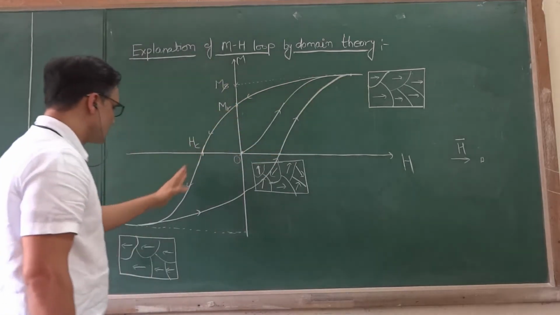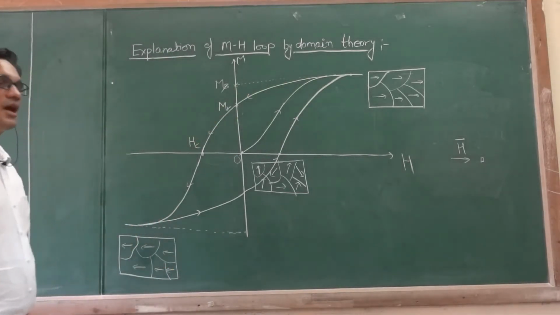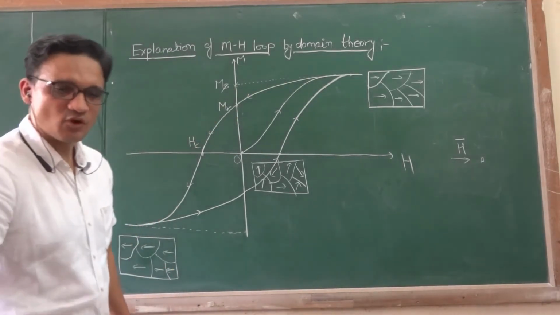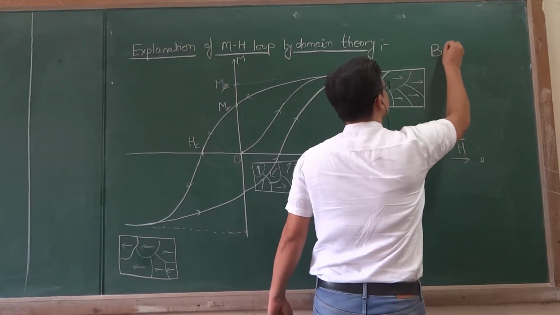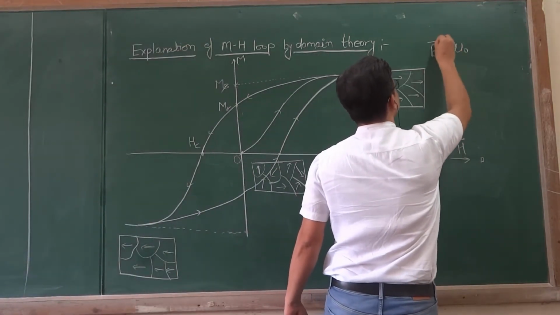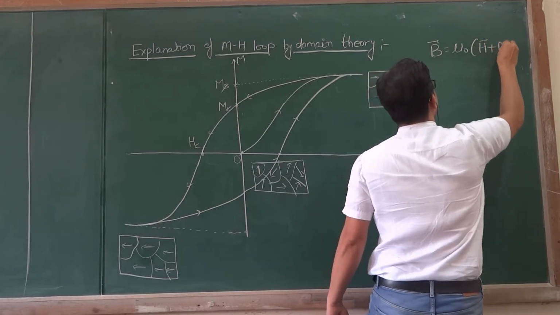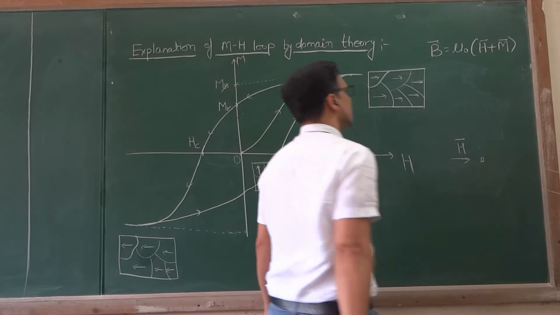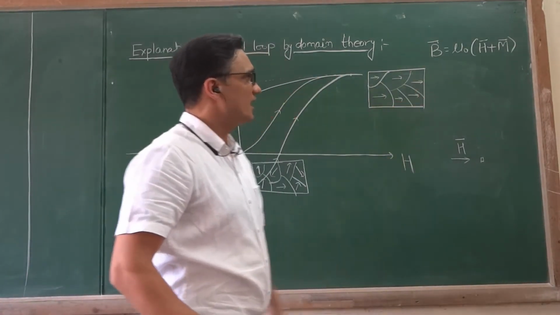So this is represented by a curve. This curve is called an MH loop, and sometimes you also plot the BH curve. As we know, B is equal to mu naught times H plus M.